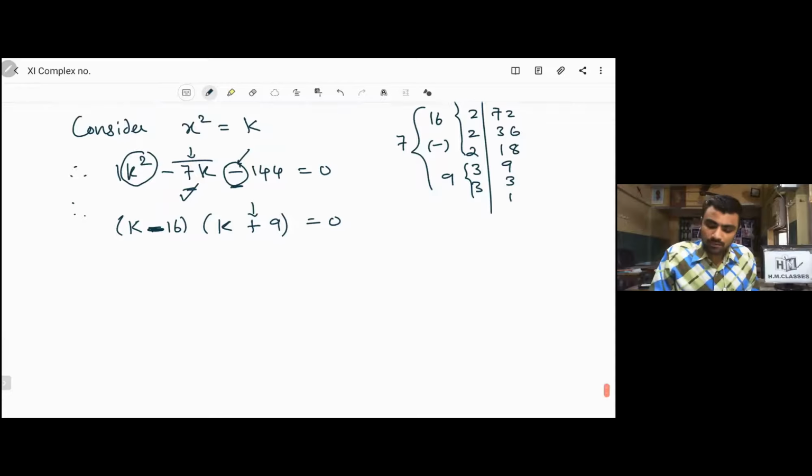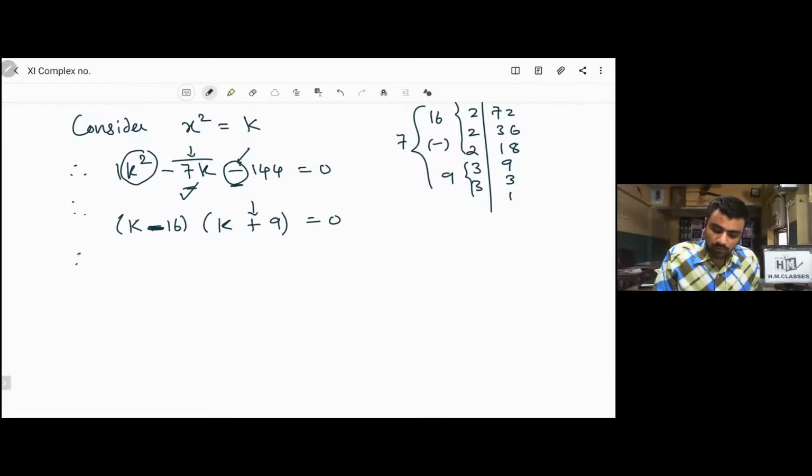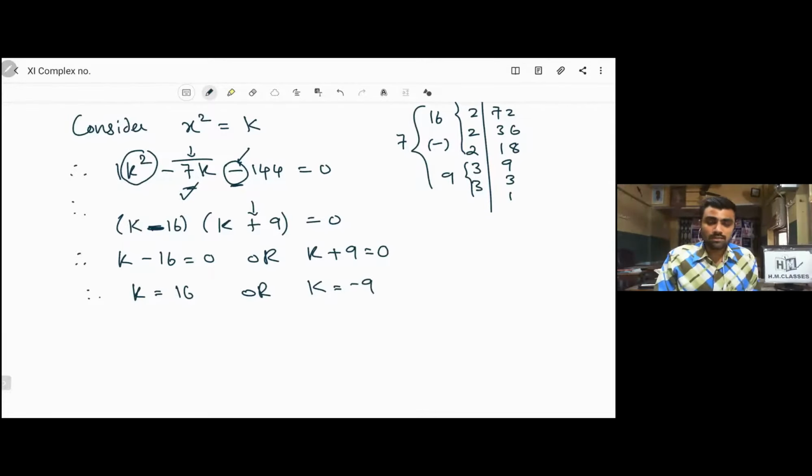So this is the factor you got, and now k minus 16 is equal to 0 or k plus 9 is equal to 0. Therefore, k is equal to 16 or k is equal to minus 9. These are the two answers you got.